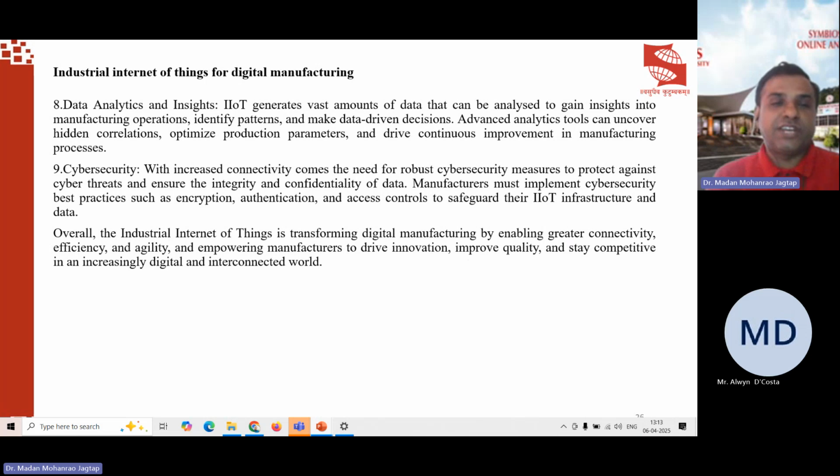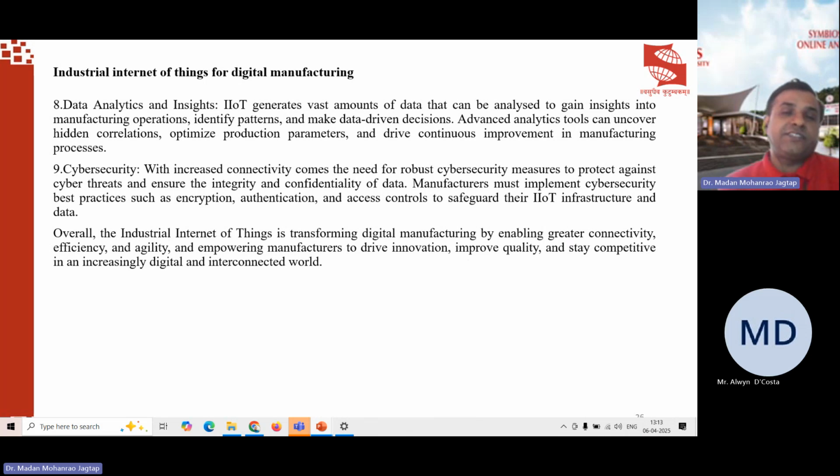Then cyber security. With the increased connectivity comes the need for robust cyber security. So as I have explained, the digital thread is again data, and the data should be secure. When I am creating a particular thing with a specification in my organization, preventing it from theft is our responsibility.